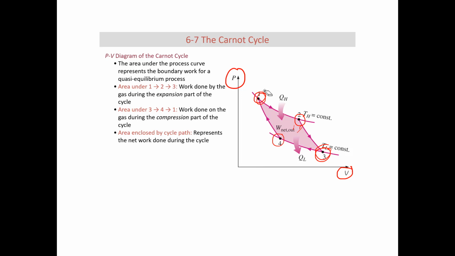The area enclosed by the cycle path, this highlighted area in red, represents the net work done during the whole cycle.